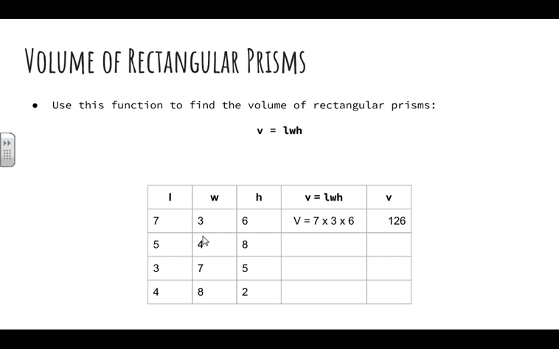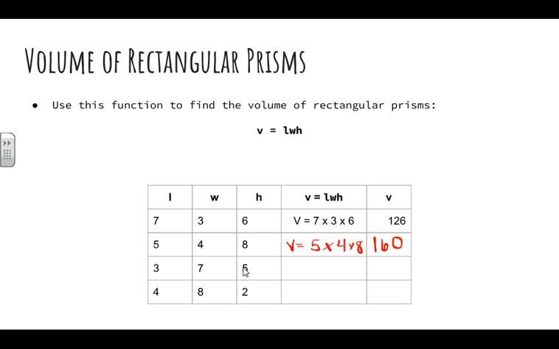If you have a rectangular prism with a length of 5, a width of 4, and a height of 8, your formula will be V equals 5 times 4 times 8. 5 times 4 is 20, and 20 times 8 is 160. So that's your volume.